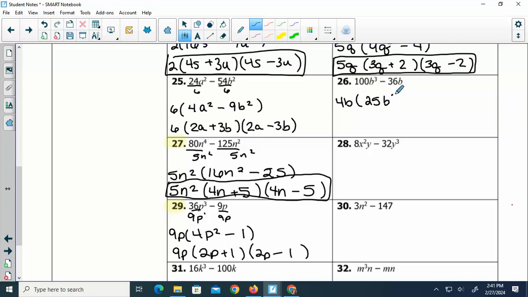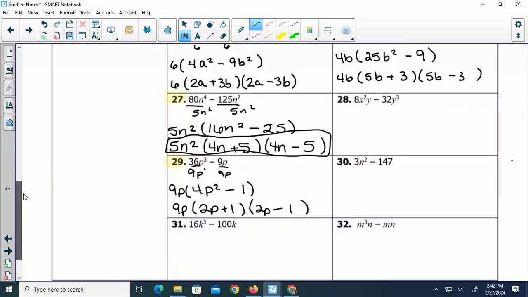I took out 1, so that's b squared. 36 divided by 4 is 9. And we took out that b. So now, difference of squares. The square root of 25b squared would give us 5b. Plus 3 and minus 3. We're doing the square roots of those numbers. Okay.